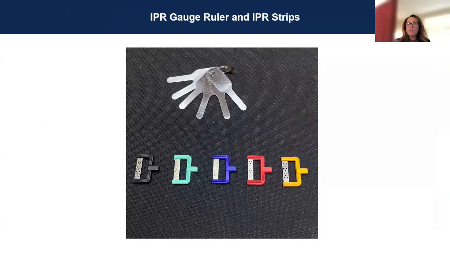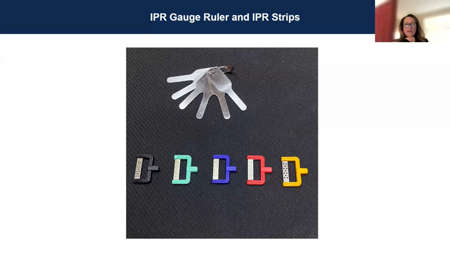Okay, so now we're going to talk about your interproximal reduction. There are so many options: you can get strips, or you can get the disc that is more convenient and more comfortable for your fingers. And then you can get a gauge.